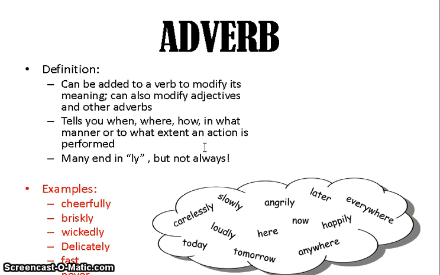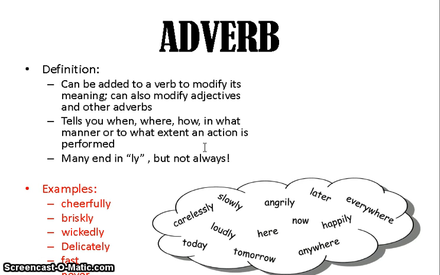Really is modifying the adjective old. Next, modifying another adverb. Sometimes it modifies another adverb. It is simply too expensive. Over here in this sentence, an adverb is modifying another adverb.